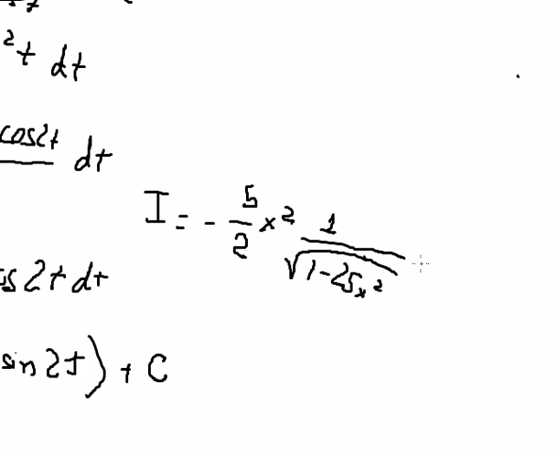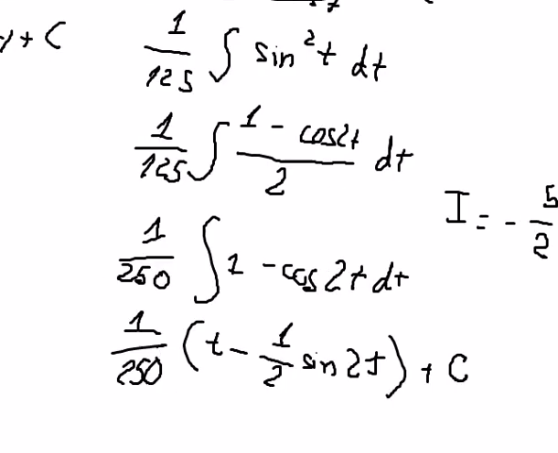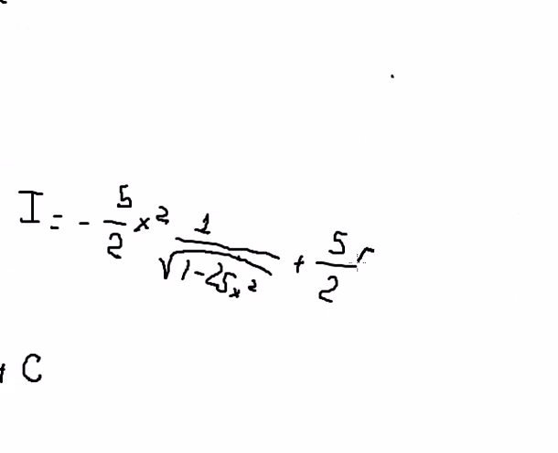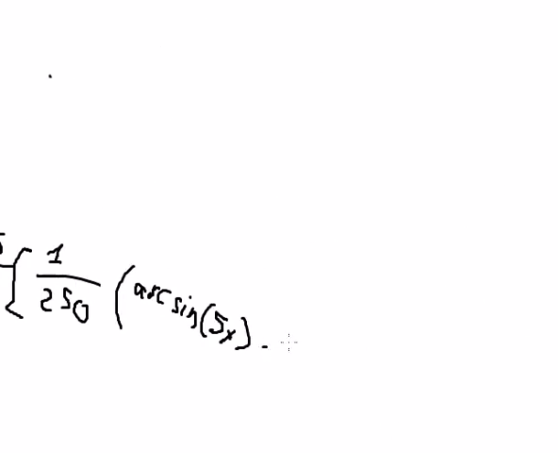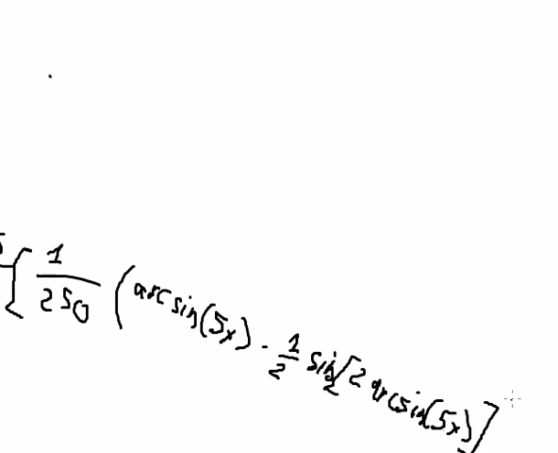And we have 5 over 2 multiply with this one. Now we move to the next one.